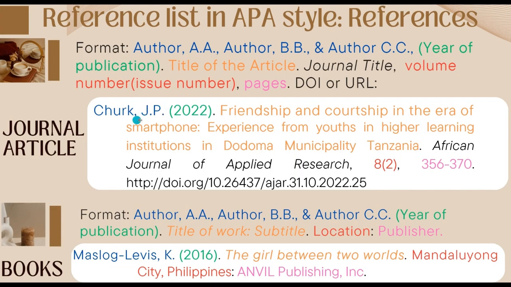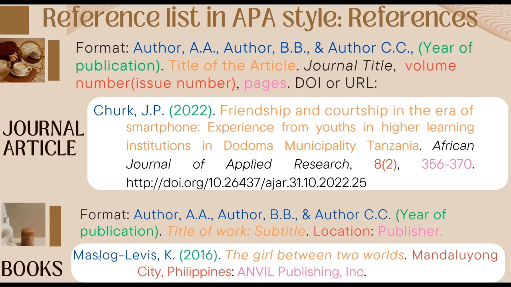The author, followed by the year of publication, the title of the article, the journal title in italics, the volume number, the issue number, the pages, and the DOI if applicable. When we type the title of the article, only the first letter, the first word after the colon, and the proper nouns are capitalized, and the rest is not.